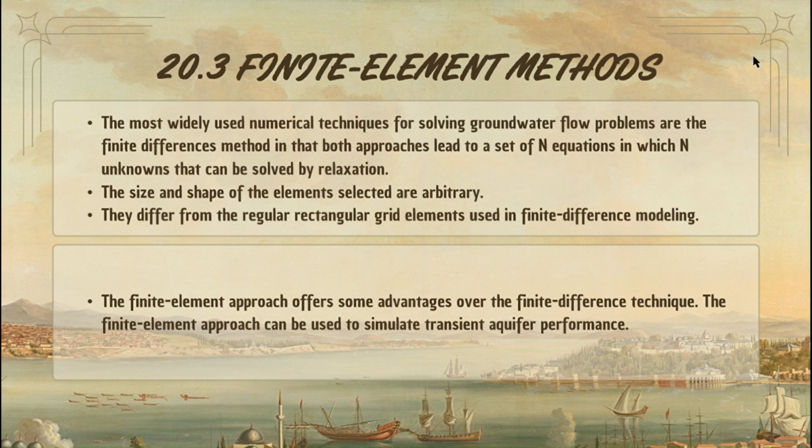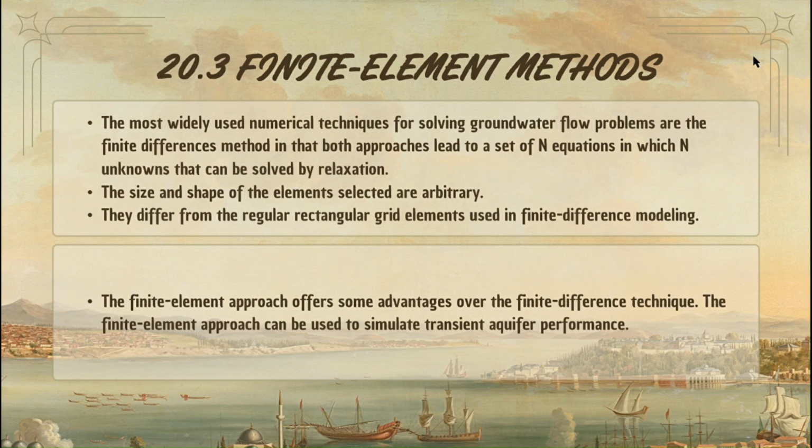Aquifer parameters can vary between elements. Minimizing the variational function involves evaluating partial derivatives and solving resulting algebraic equations through iteration or matrix methods. Understanding partial differential equations and calculus of variation is crucial for finite element modelers.